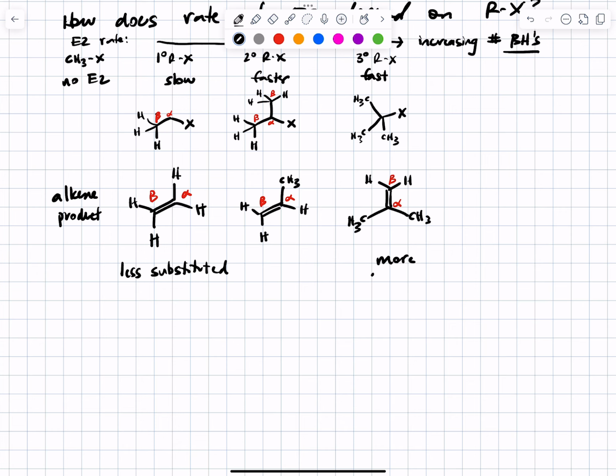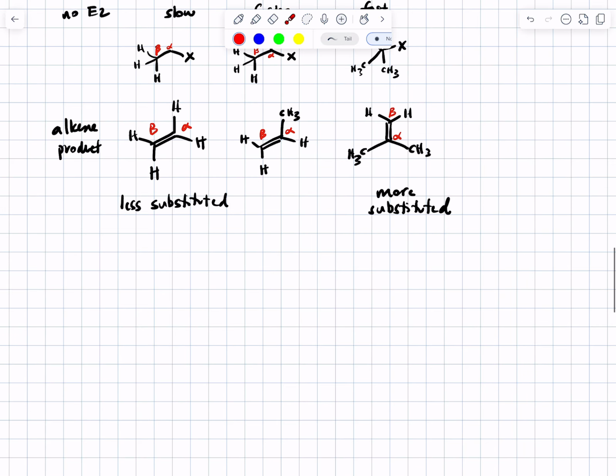And sometimes students are confused by that terminology. A more substituted alkene is an alkene where more of the hydrogens on it are replaced by non-hydrogen things like carbon. So over here we have a di-substituted alkene. Here is a mono-substituted alkene. Here is an unsubstituted alkene. And it will turn out that more substituted alkenes are more stable.